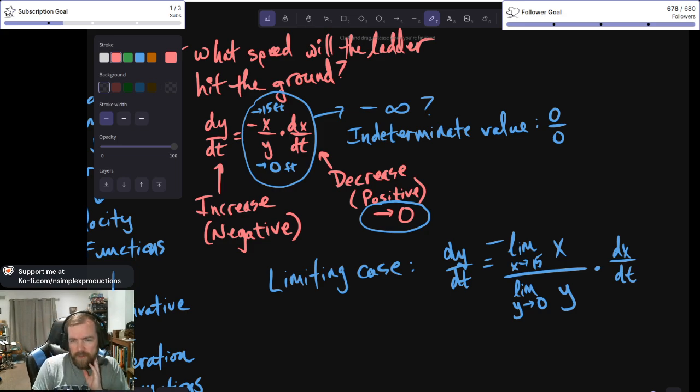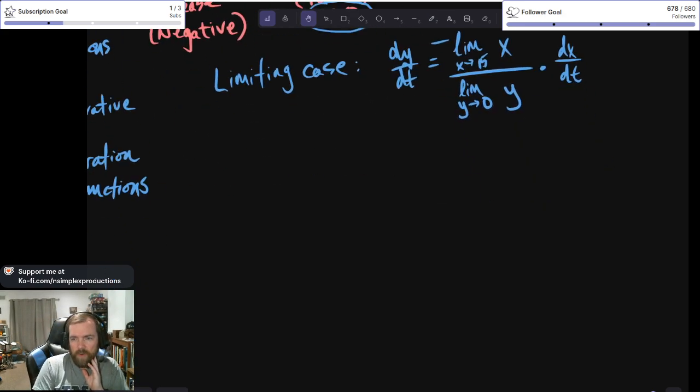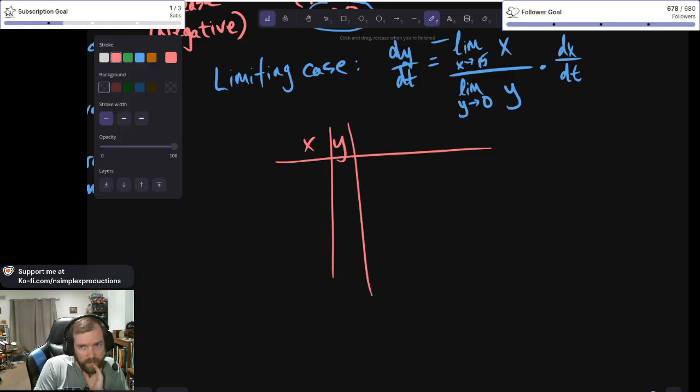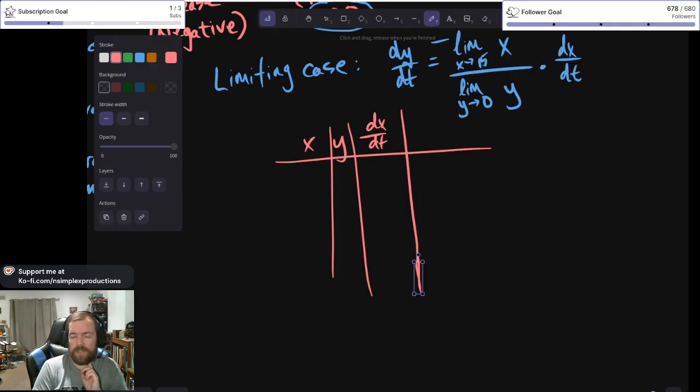So one way to do it is to actually calculate what we would get in the case of an x and a y and a dx dt as multiple independent variables.